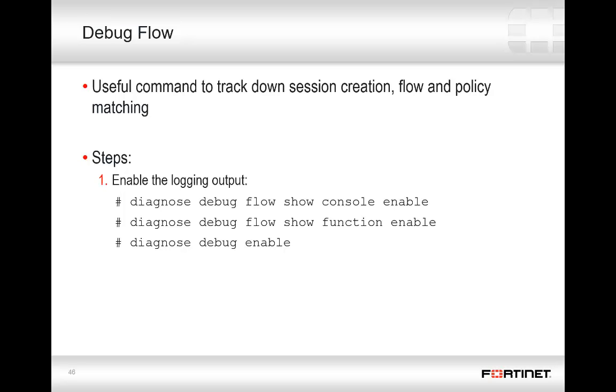One of the best ways of tracking down session creation and policy matching is to use diag debug flow commands. When enabled, FortiGate will show step by step what the kernel is doing with each packet. To show the packet processing flow messages, we must first type these three commands to enable the logging output.